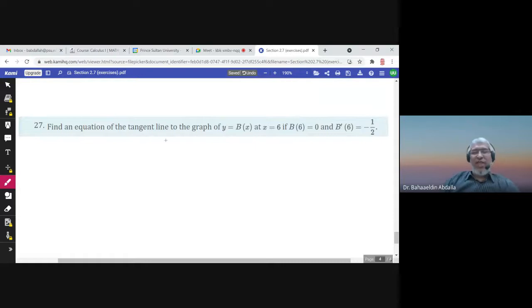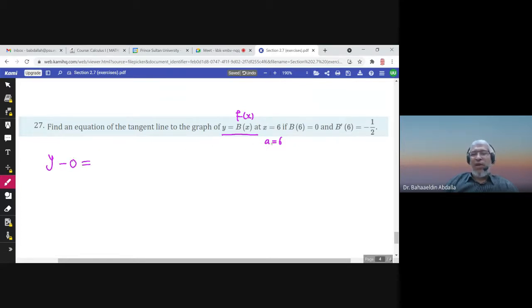Find an equation of the tangent line to the graph of this function, y equals b of x. So instead of f of x, he wrote b of x. At x equals 6, so this is a. b of 6, this is f of 6 or b of 6, 0. f of a, okay. f prime is negative half. So actually, y minus f of a or f of 6 or b of 6, 0.